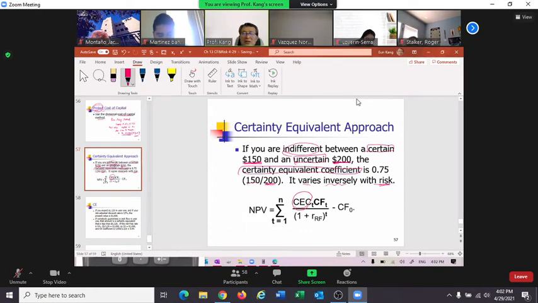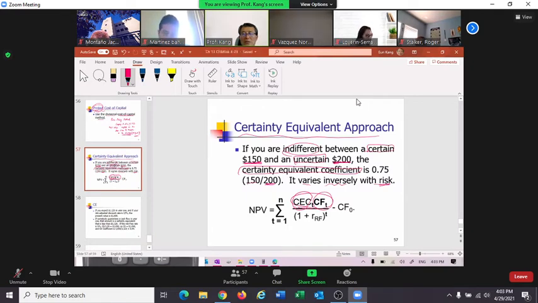So using the certainty equivalent approach, rather than risky cash flows, you calculate risk-free cash flow. Risky cash flow, CF, times the certainty equivalent coefficient, and suddenly this cash flow is risk-free. The general rule of discounting is that you discount a cash flow at the discount rate relevant to that cash flow.